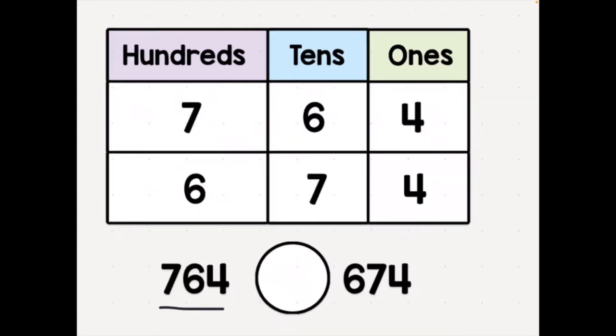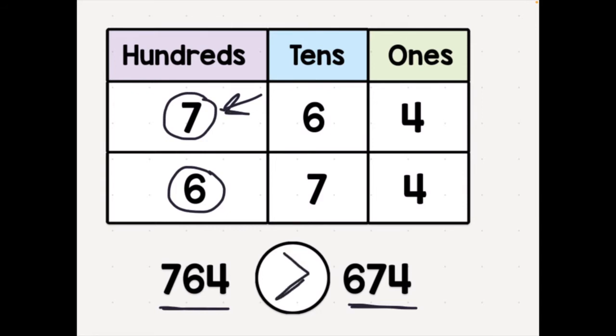We have 764 and 674. We're going to compare them by looking at the hundreds first. We have 700s and 600s. And as you can see, 7 is already bigger than 6. So we are going to say it's greater than. 764 is greater than 674 because 700s is more than 600s.